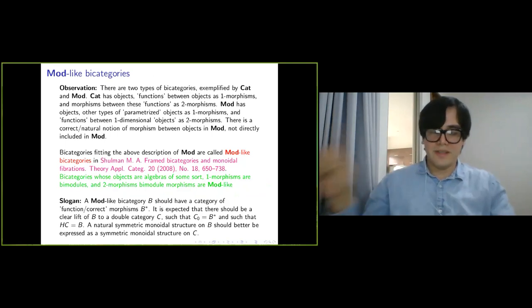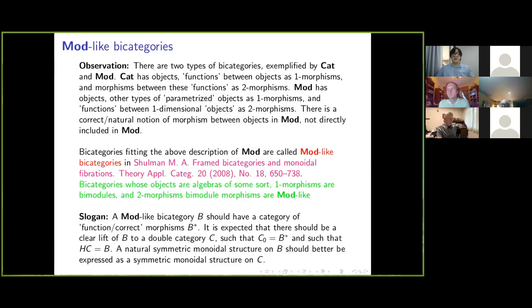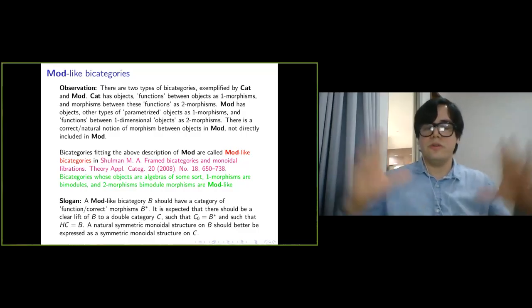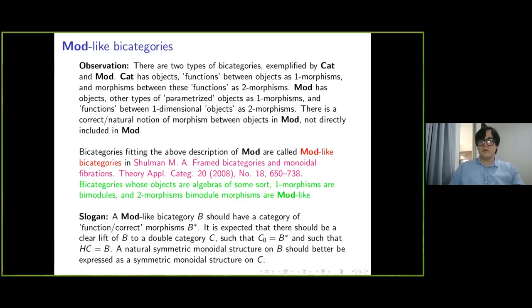And we should expect that this is a frame bicategory, which again, I haven't defined. And so the horizontalization of the symmetric monoidal structure on the double category descends to a symmetric monoidal structure on the underlying bicategory. So yeah, this is the idea. We should expect this.